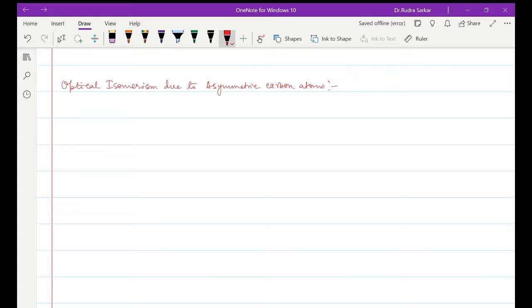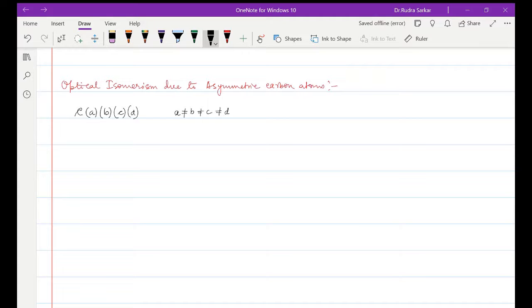So the simplest source of dissymmetry in any organic molecule is when the carbon atom is attached to 4 different groups. Okay, which means a molecule of the type C, A, B, C, D, where A is not equal to B, B not equal to C, and C is not equal to D. As simple as that.